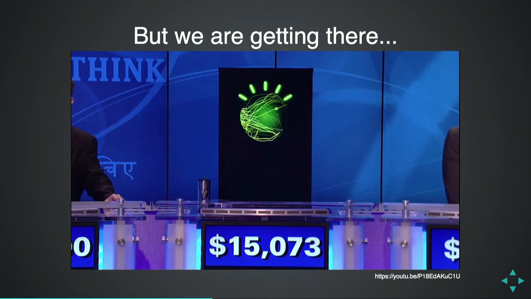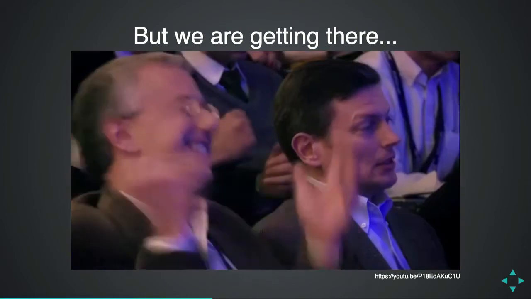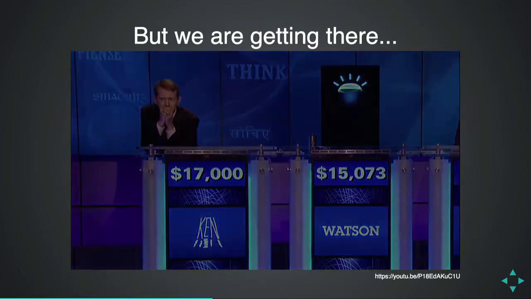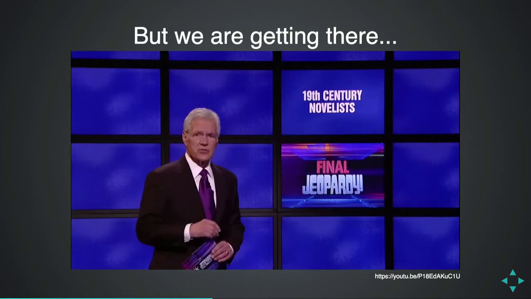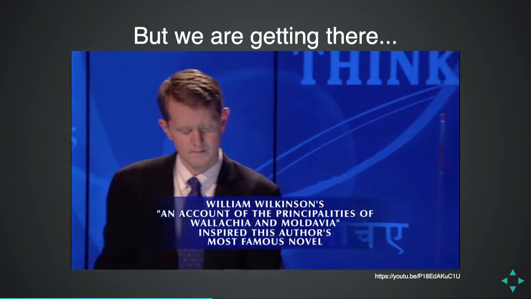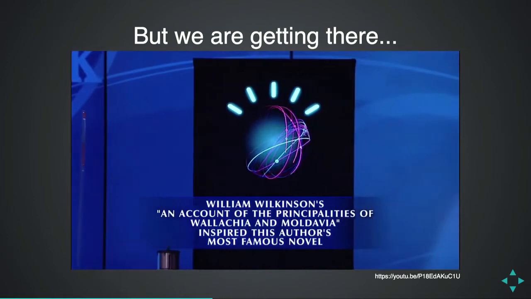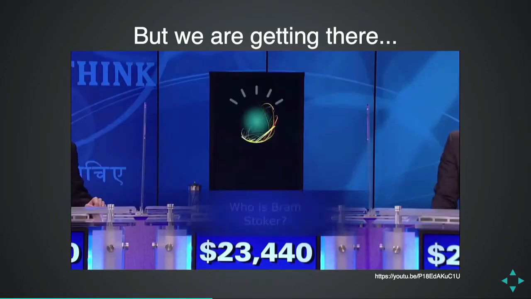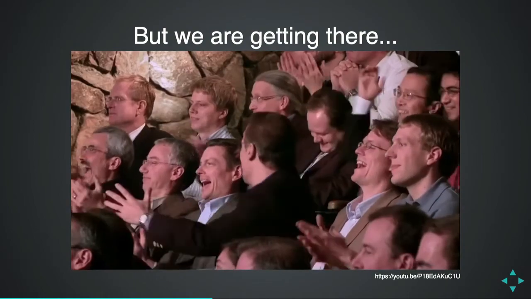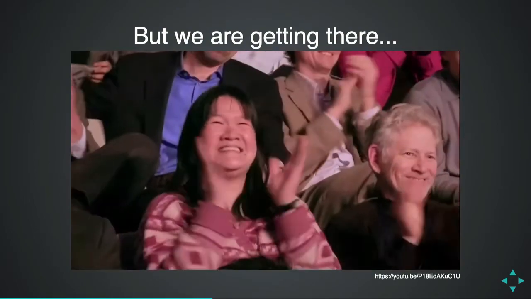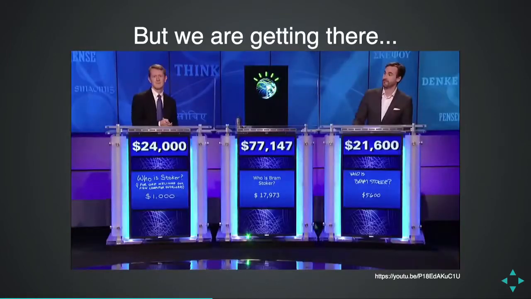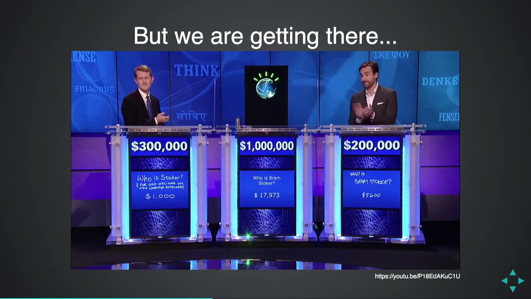Same category, 1,600. Answer, daily double. That was the moment when I knew it's over. The category is 19th century novelists. What Watson wants to do then is preserve the lead, not take a big risk, especially with Final Jeopardy, because just like for humans, Final Jeopardy is hard for Watson. Now we come to Watson, who is Bram Stoker, and the wager Hello, 17,973, and a two-day total of 77,147.